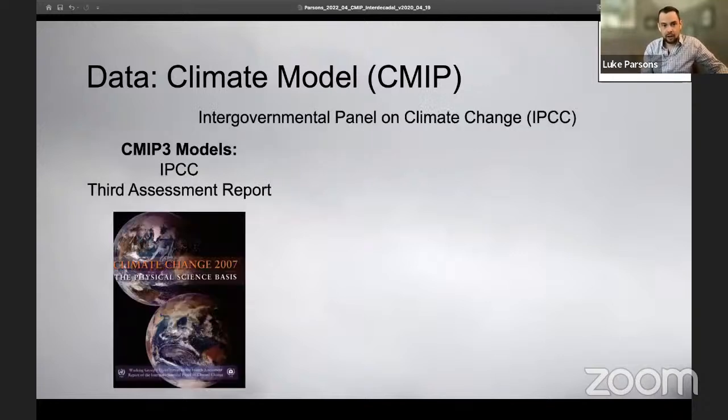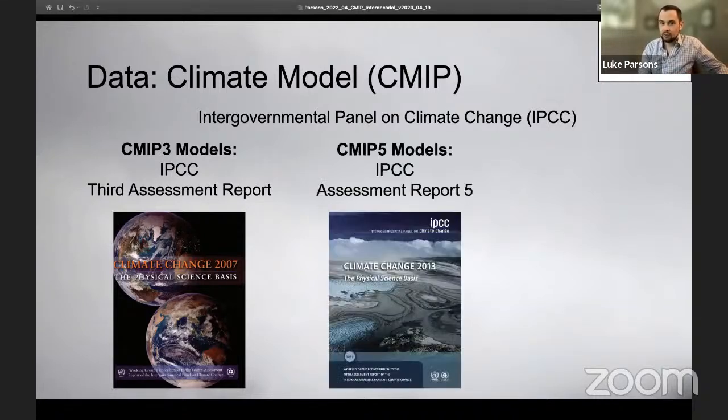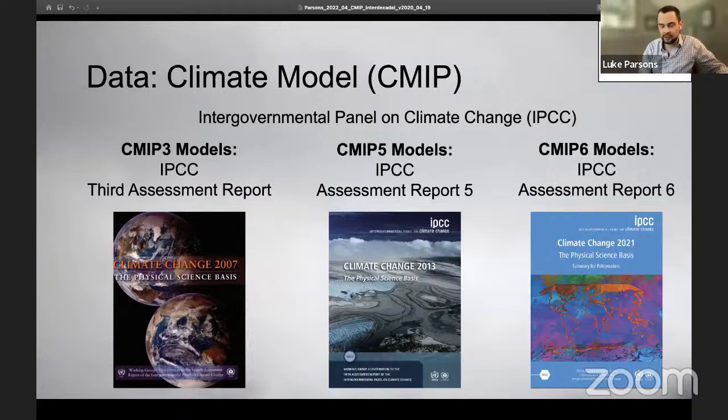If, again, CMIP3 doesn't mean anything to you, think back to the Intergovernmental Panel on Climate Change report in 2007. The CMIP3 models were used in that report. If you think of the assessment report 5 from the IPCC that came out in 2013, that's where the CMIP5 models were used. And then the CMIP6 models, in addition to being their own scientific endeavors, were also used in this recent IPCC AR6 report that came out last fall.